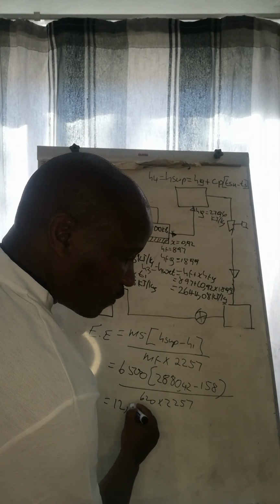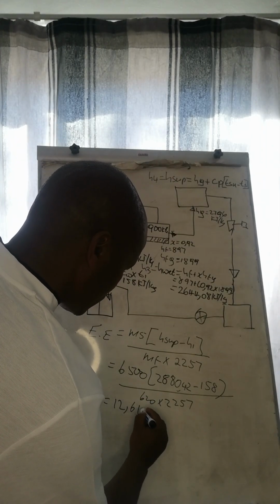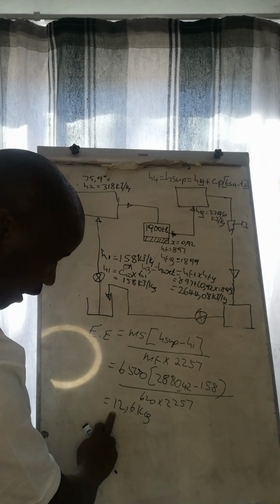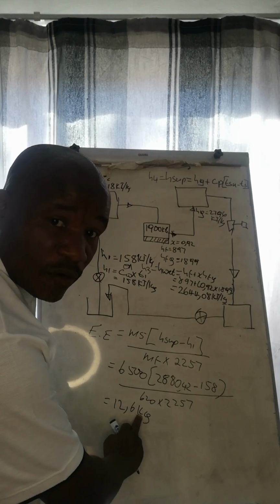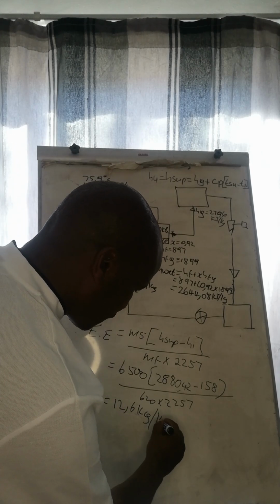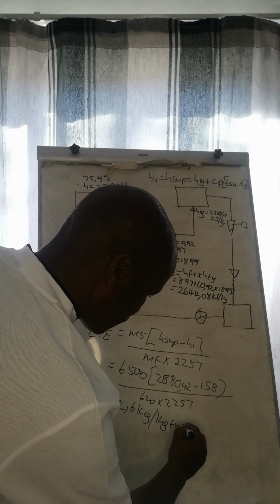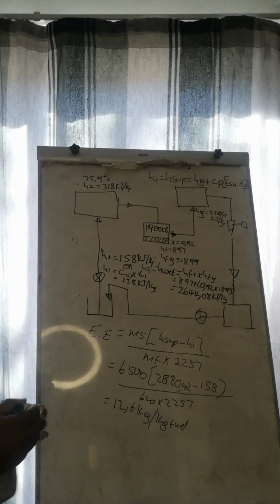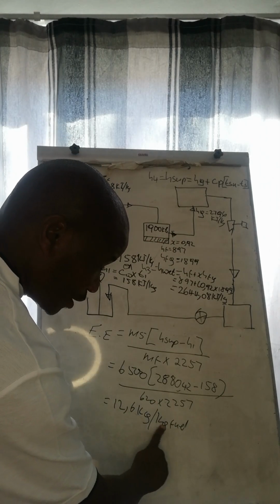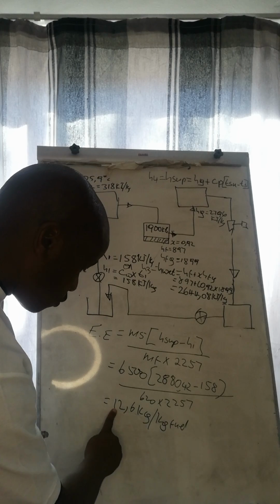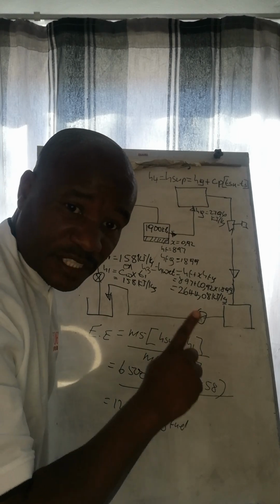Answer: 12.6 kilogram of steam for every kilogram of fuel. That's basically what this is. For every 1 kilogram of fuel, 12.6 kilograms of steam was produced. That's basically what that says.